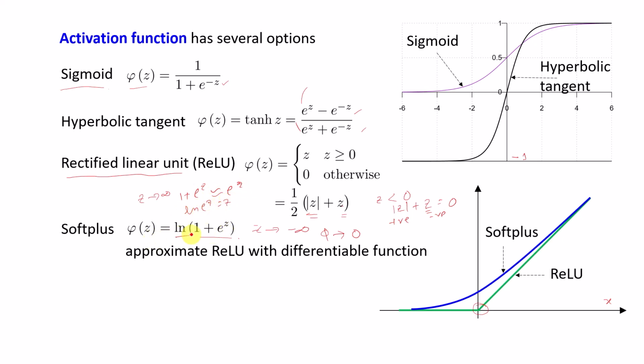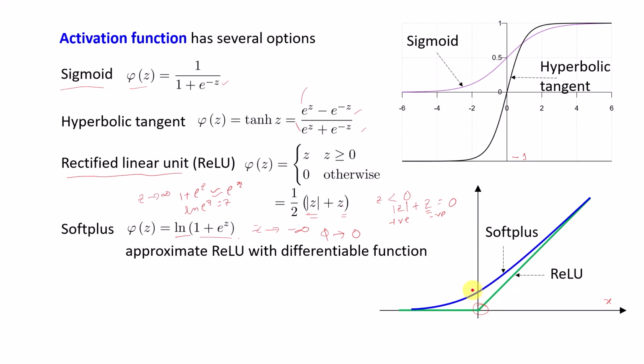So in the positive direction, when z is high, it will simply be linear. So it's very much like the ReLU function, but near the origin it is different. It is smooth, so we can differentiate it and apply the optimization algorithms here.